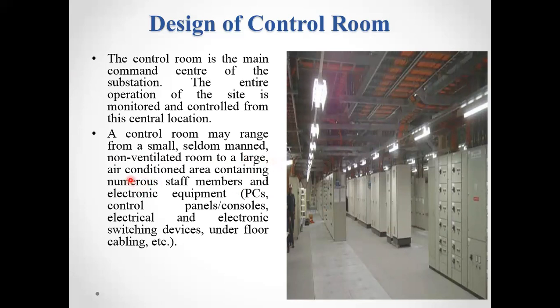We can have an air-conditioned area containing numerous staff members working in that control room, and electrical and electronic equipment. The electronic equipment will be PCs, that is personal computers, control panels, electrical and electronic switching devices, and underfloor cabling. All this will come under the control room.